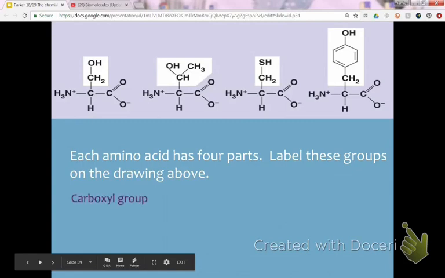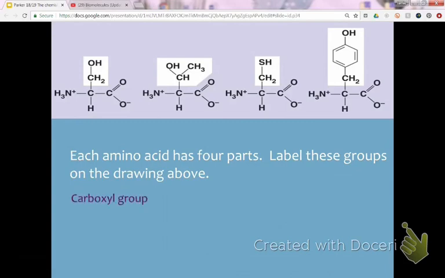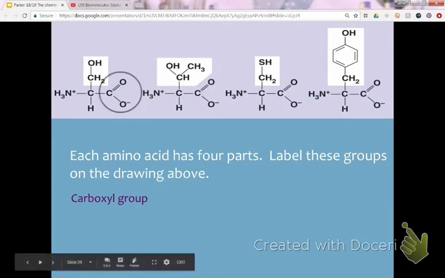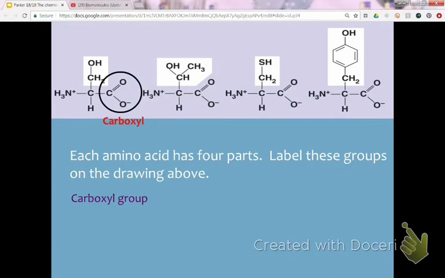So each amino acid has 4 parts. On that little diagram I printed for you, you can just circle and label the parts. Do you guys see the little picture I gave you? Perfect. So the carboxyl group is that COO or COOH part. On your picture, it should be the far right side of the molecule. Circle it. Label it carboxyl group.